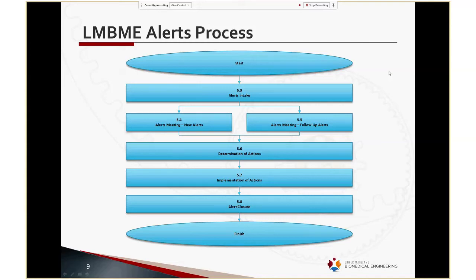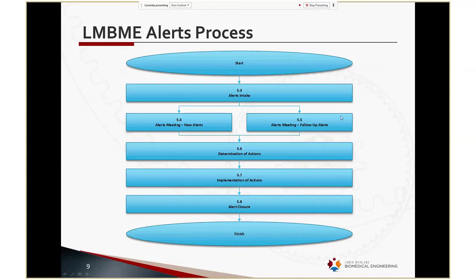Within that meeting, we discuss both new alerts as well as alerts that are tagged for follow-up during the week of the meeting. Following this, we determine actions related to an alert, implement those actions, and once those actions are complete, we close off the alert. Laura and I will be taking you through a step-by-step for each of these high-level pieces of the process.